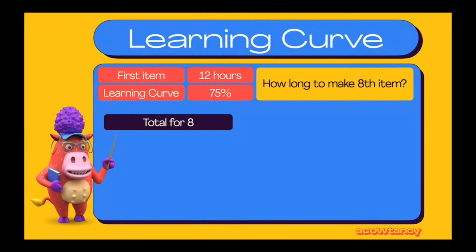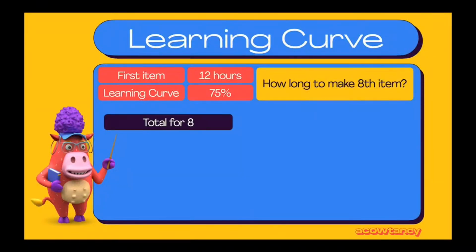If I want to know how long to make the 8th, it's the total time for 8 minus the total time for, not 1, for 7. So 7 and then an 8th. The total for 8 less the total for 7, that will be that.